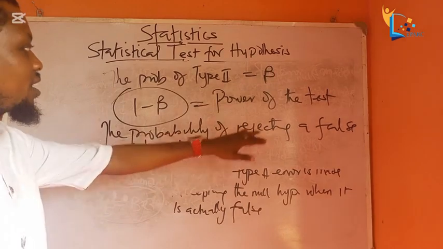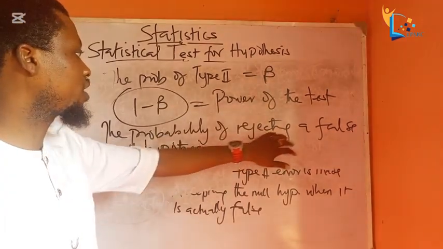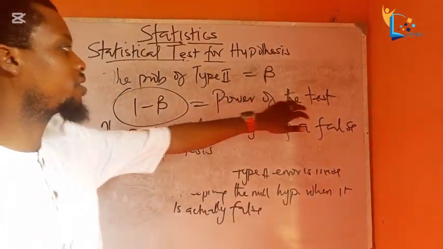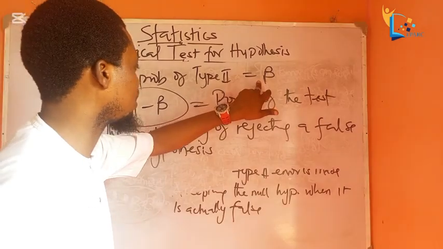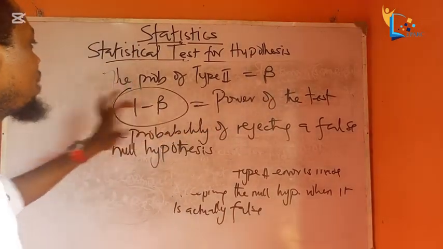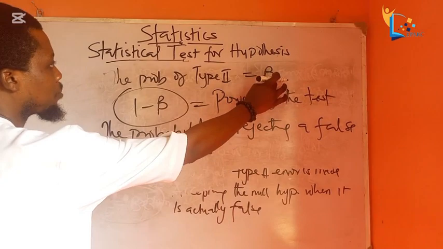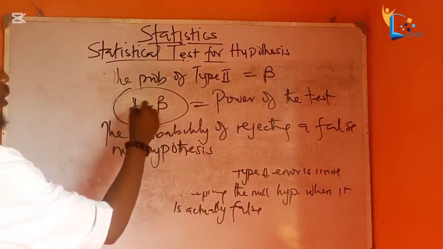So the probability of the type 2 error is denoted by beta, and the complement of the probability of type 2 error is known as 1 minus beta.